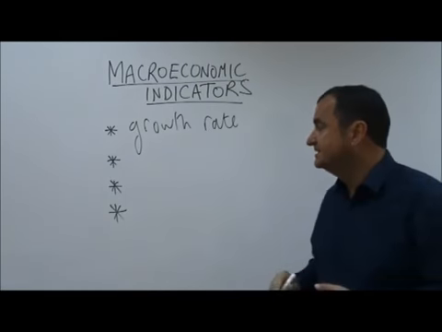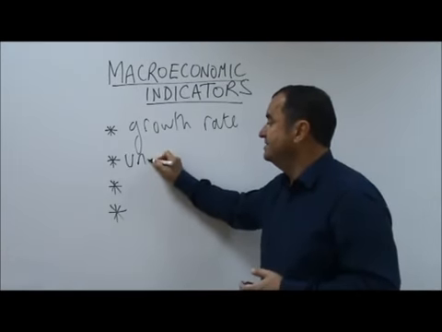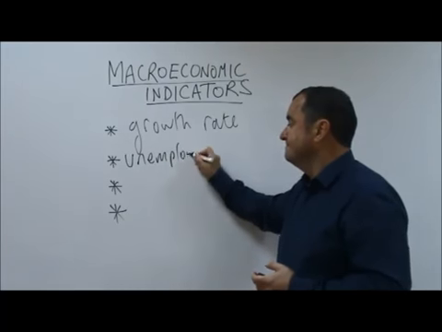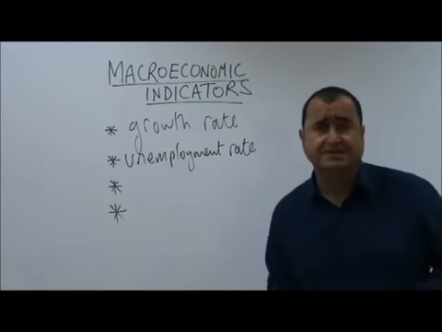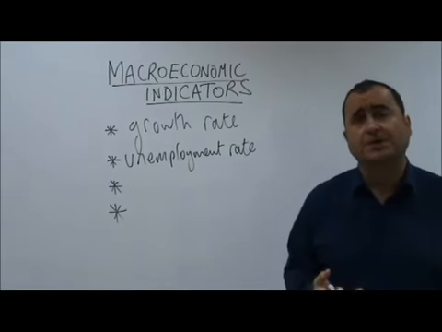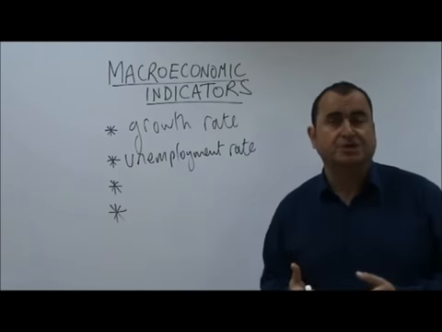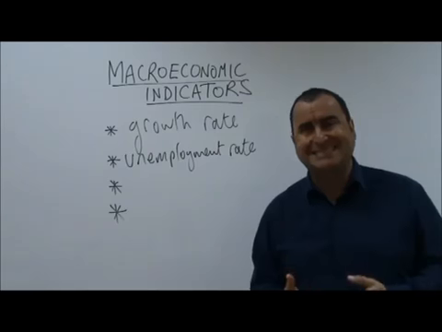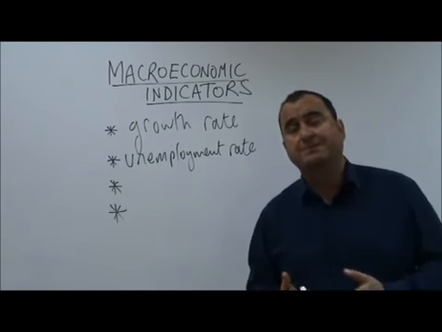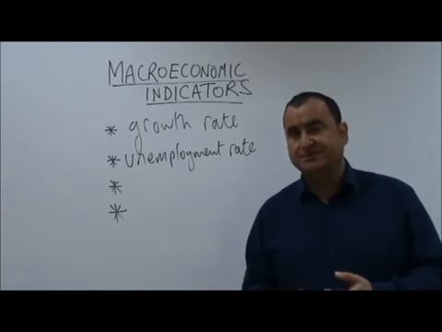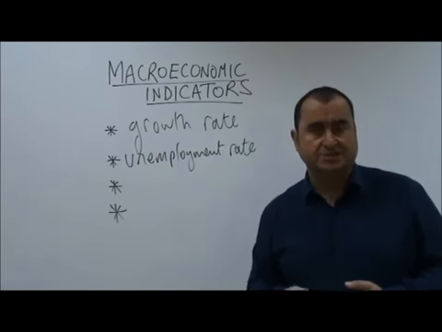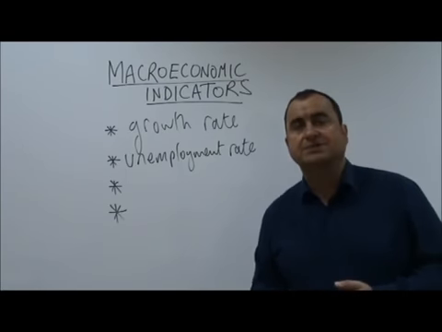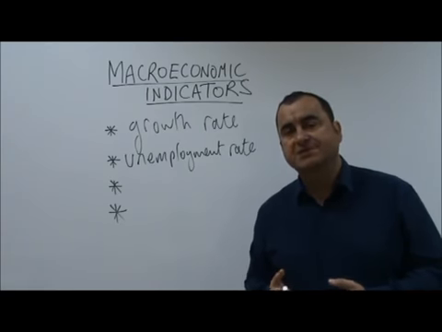A second indicator is the unemployment rate. The unemployment rate, of course, records the number of people, the proportion of people in the workforce who are seeking work but cannot find paid employment. And there's a very precise way of measuring that. It's called the ILO, the International Labour Organization, count for measuring the unemployment rate.